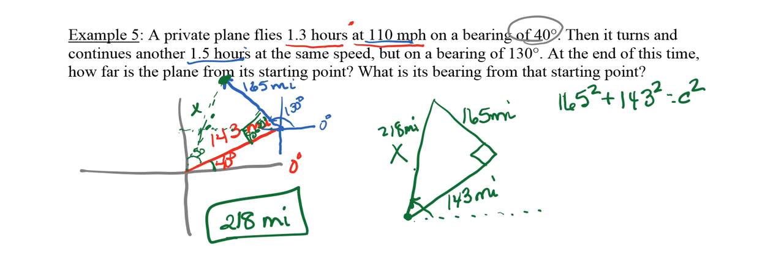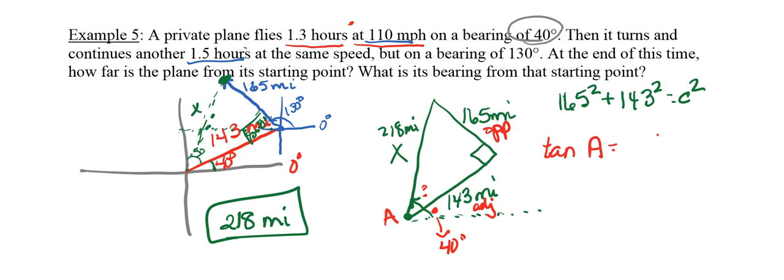Now the question I have to figure out is, what is the angle from the original to here? Now I already know that this piece here is 40 degrees because it was 40 degrees originally. If I can find this one, then I can just add it to that one. Well, if I'm looking for this, we'll say it's A. This would be the opposite. This would be the adjacent. Opposite and adjacent is tangent.